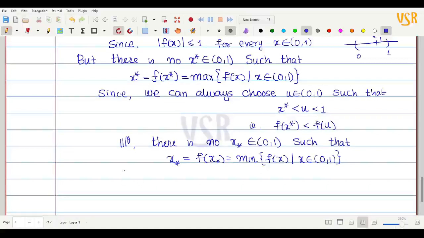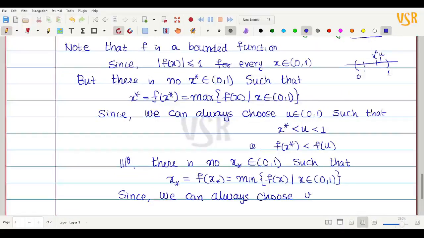Since we can always choose an element v. Here, this element is x suffix star.